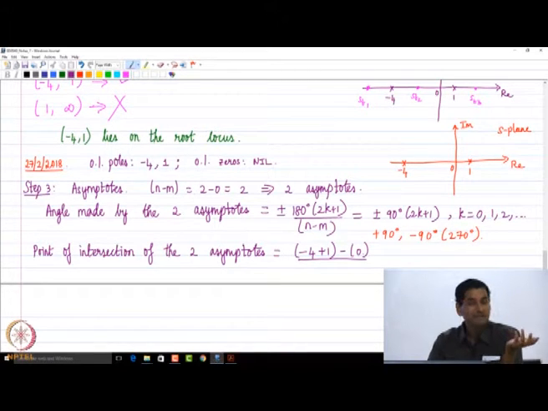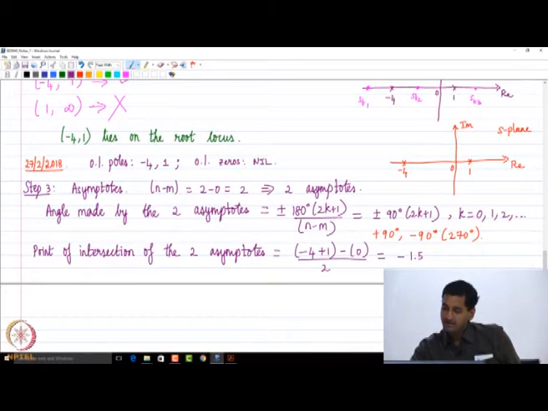There are none, so I just write 0, though I could have left it empty, divided by n minus m, which is 2. So what's the answer? Minus 1.5.